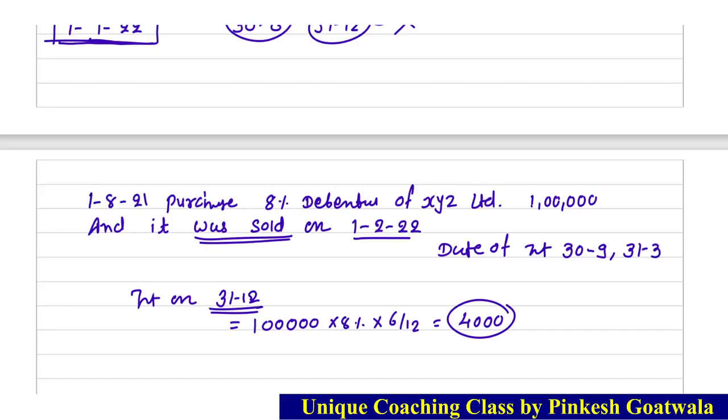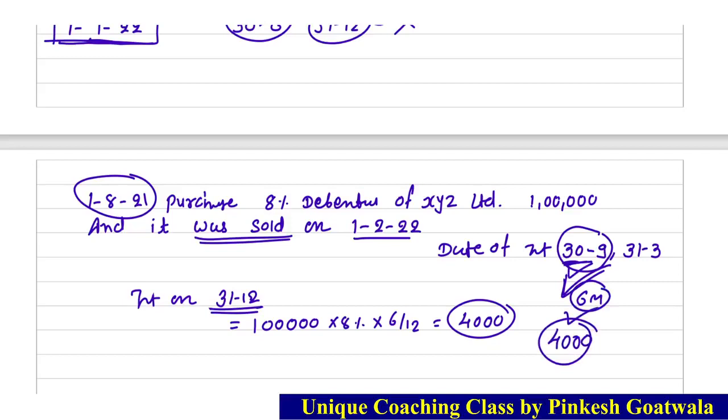Now think practically, on this date will he get interest, yes or no? 30 September, the date of interest. He will get interest on this date, yes, because he purchased on 1/8/21. So he will get 6 month interest, that is 4000.